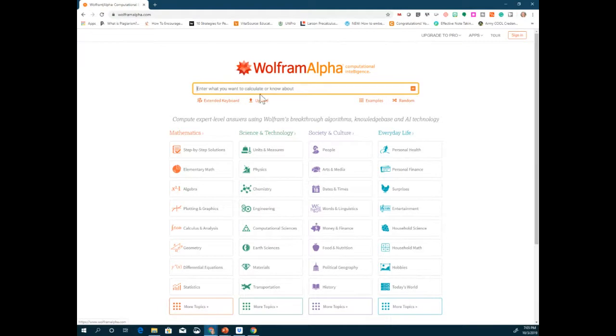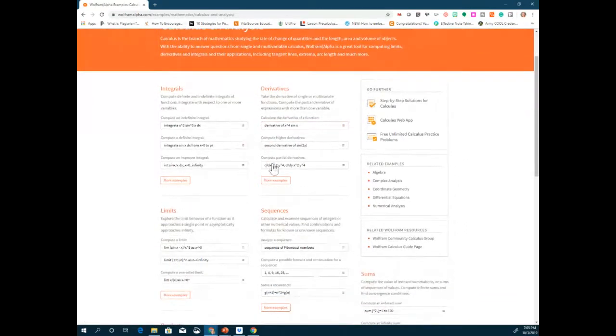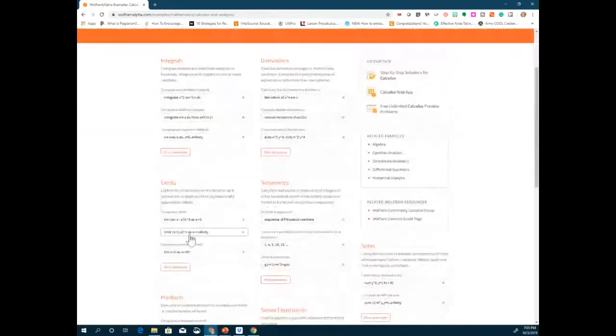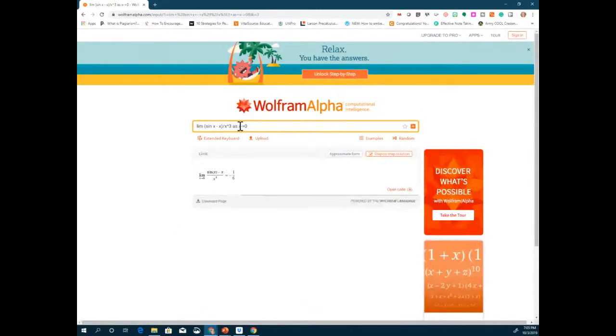I programmed in that. So it has calculus and analysis, and it has examples. If you want to do a derivative of something, you just type in derivative of, and then you put in the function. It even does limits. So I will click on this, and you just have to make sure you type it in correctly, and then it will compute the limit for you.